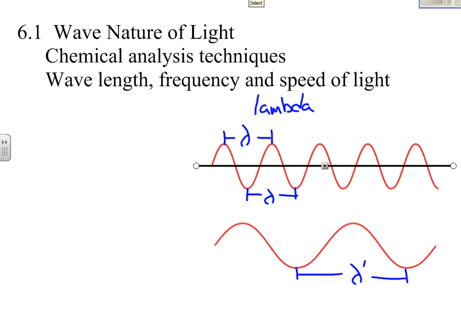The amplitude of the wave is from that midpoint of the difference between the crest and the trough up to either the height of the crest or the depth of the trough. Okay, so either one of those would be used to calculate the amplitude of the wave. We won't use that too significantly in our studies here.